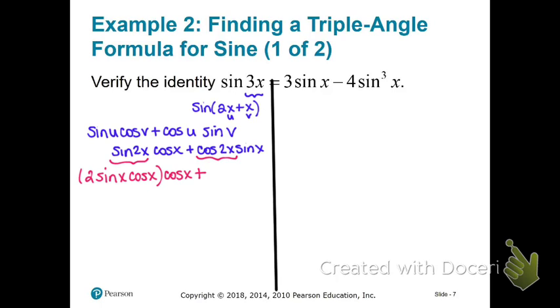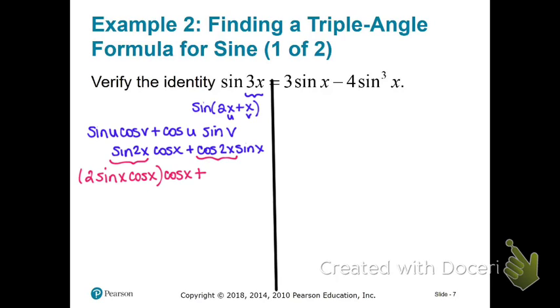All right, so now we're doing that cosine of 2x. Now remember, cosine of 2x, the double angle formula, has 3 options. Listen to its options, because they all 3 work. We could plug in cosine squared minus sine squared, but look at what we're after. Do we have any cosine in our final answer?